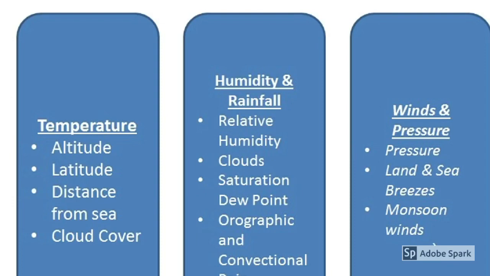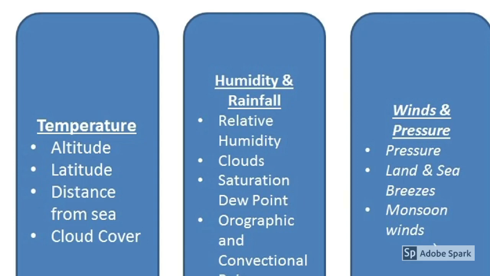So for temperature and the effects of these four factors that will affect the temperature itself, altitude is the concept of how high you are. Please remember, as you go up 1,000 meters in height, you will lose 6 degrees Celsius in temperature. Latitude refers to where the location is on the earth, along the latitude lines.